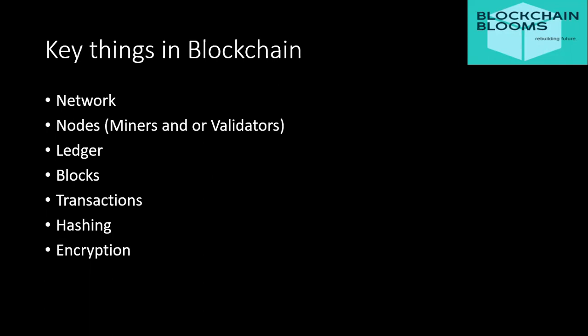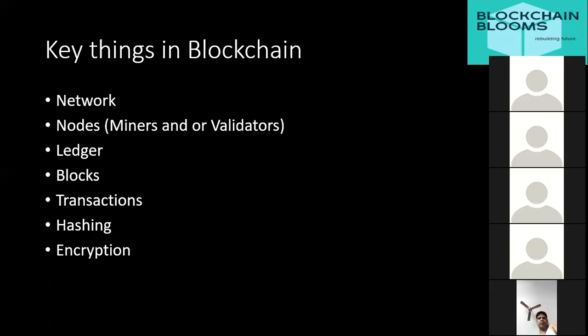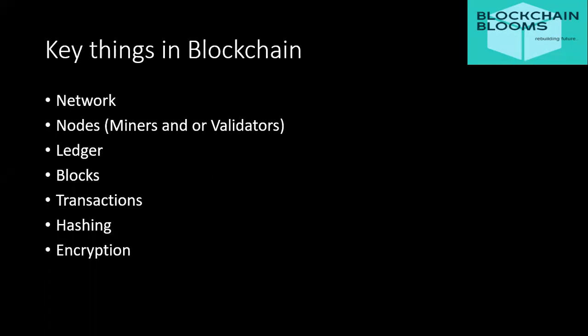Today we will go through the responsibilities of miners and validators. These two have higher responsibilities. We need to understand how these two work in the Bitcoin network or the Ethereum network, and also what a ledger is, what a block is, what transactions are, and what hashing and encryption are.